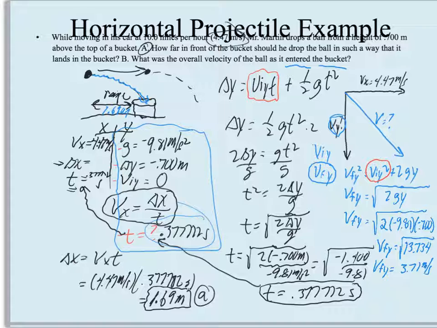Because it's a downward motion, and we labeled down as negative, we would have to make this a negative answer. So that would be, VFY would be negative 3.7 meters per second. So let's go ahead and erase that answer, and I'll rewrite it again, but I need the space.